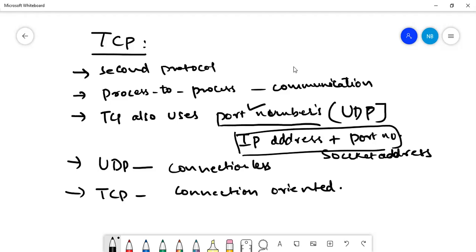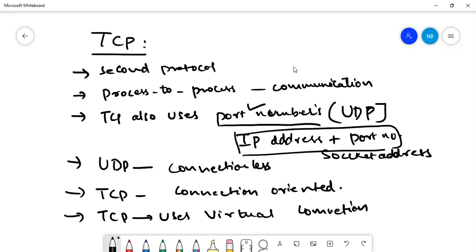And one more thing, TCP uses virtual connections to send data.